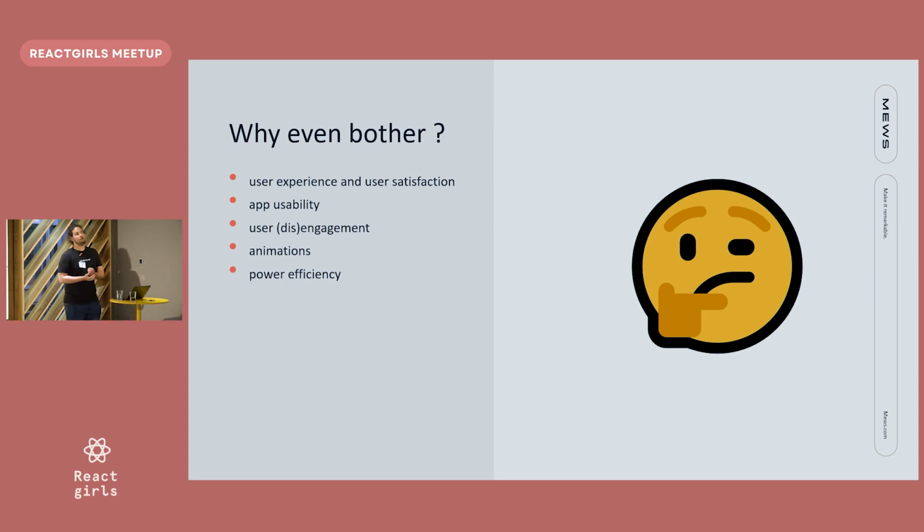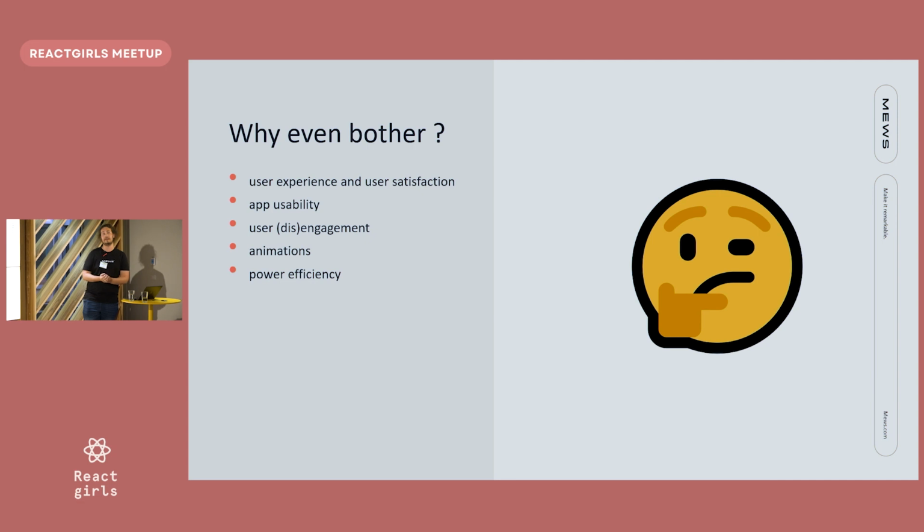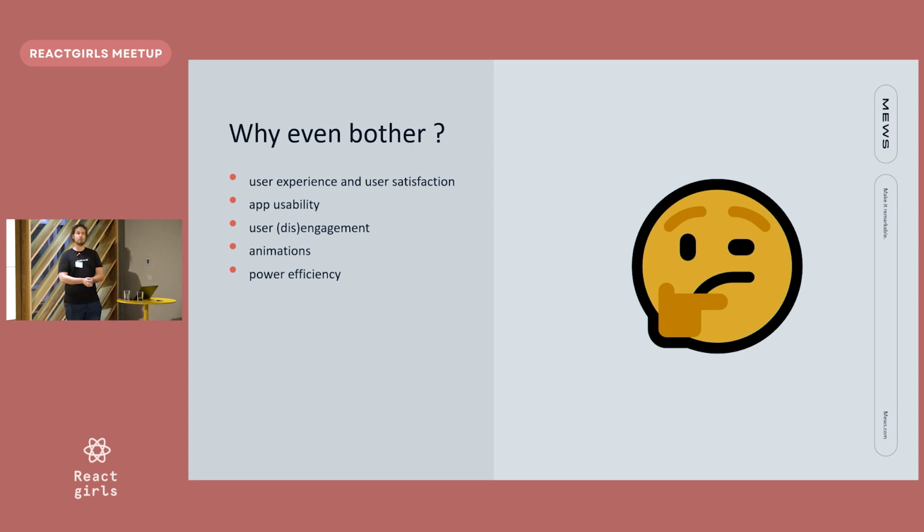So why even bother with something like performance optimization? It's a great thing for the user experience and user satisfaction. Nobody wants to use a laggy app. In extreme cases, nobody wants to use an app where you click a button and any action takes 30 seconds or so.